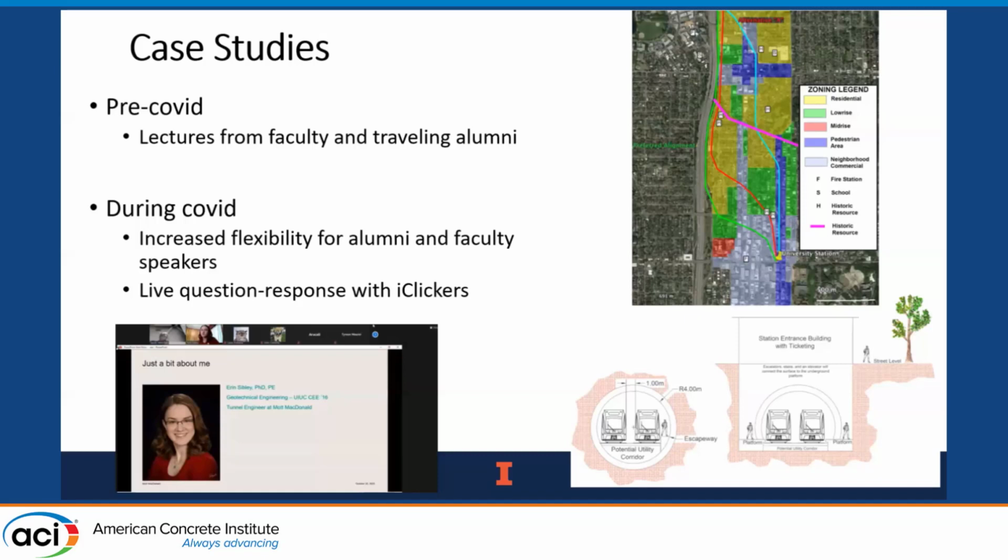The one I have pictured here is from our geotech group that does a lot of tunneling. This lecture is, again, very interactive, with the students using these iClicker systems, where we have the students think through, okay, if you're planning this tunneling operation to run these metro lines, how do you make the decisions about where the stops should be? Because if you ask a community, do you want a metro stop?